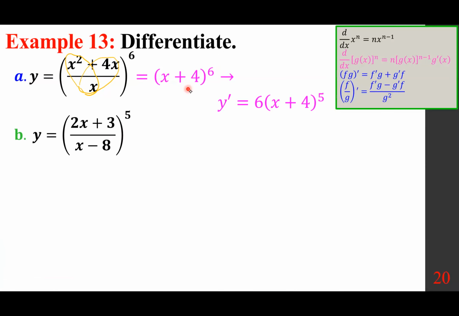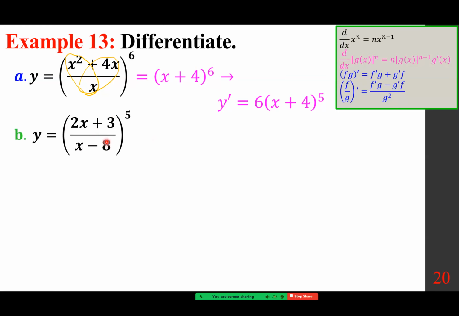Now, I want to differentiate this. And I'm going to use a combination of a chain rule, or if you will, even extended power rule, and the quotient rule.